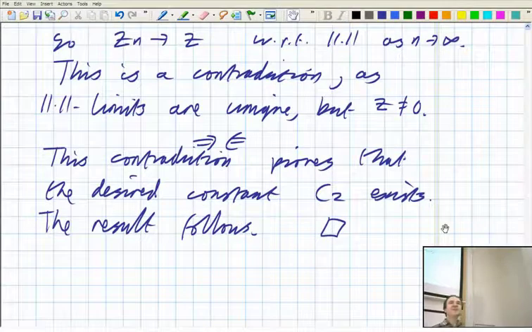Any comments, questions, queries about that proof? What did we do? We used the constant giving us an estimate in one direction to prove there must exist a constant giving us an estimate in the other direction.